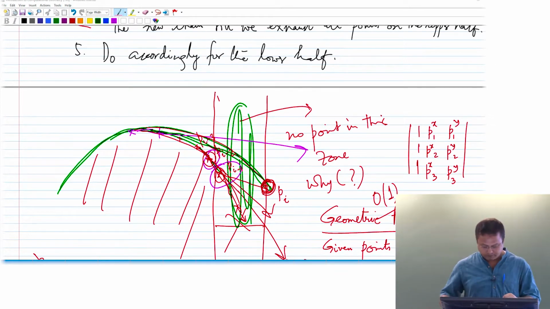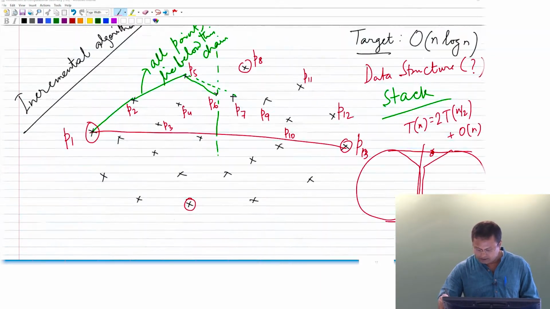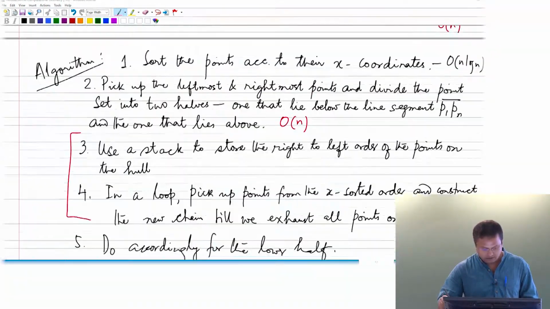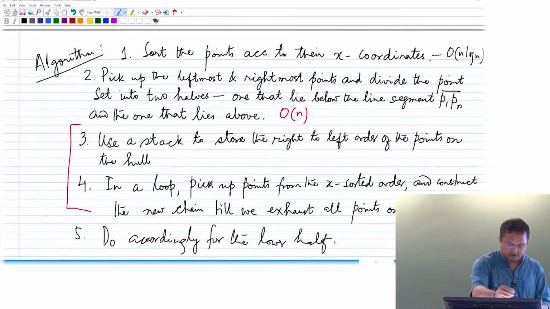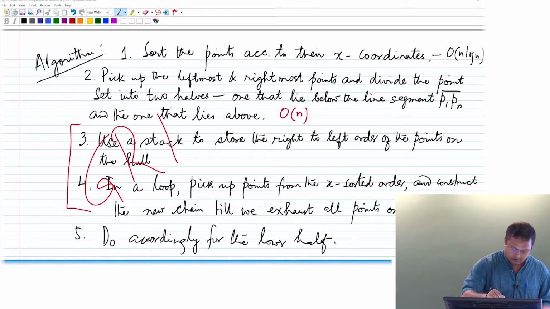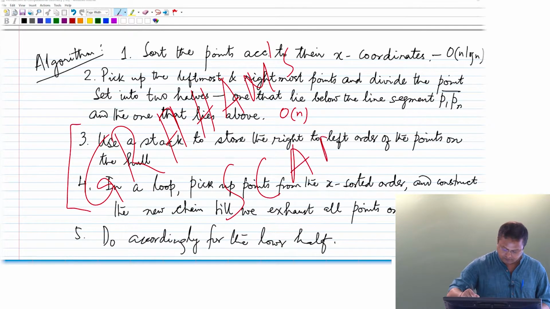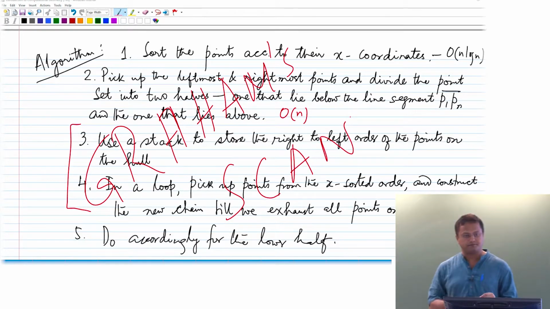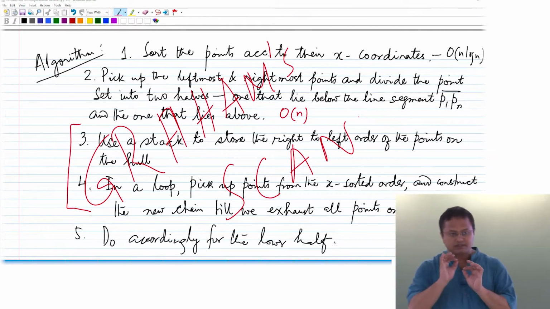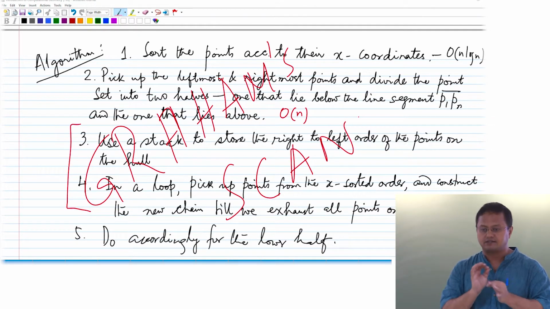It is known as Graham's scan algorithm. The beauty of this algorithm is just this nice amortization that sits inside it.